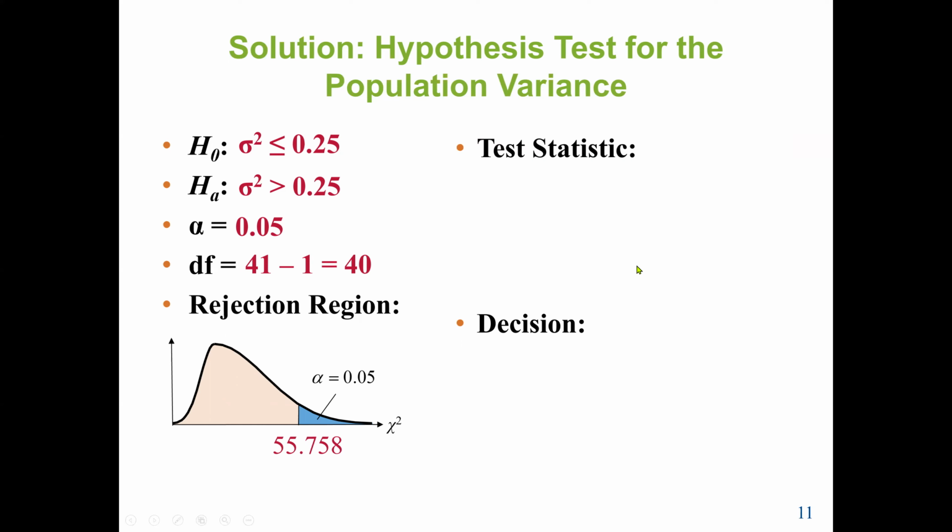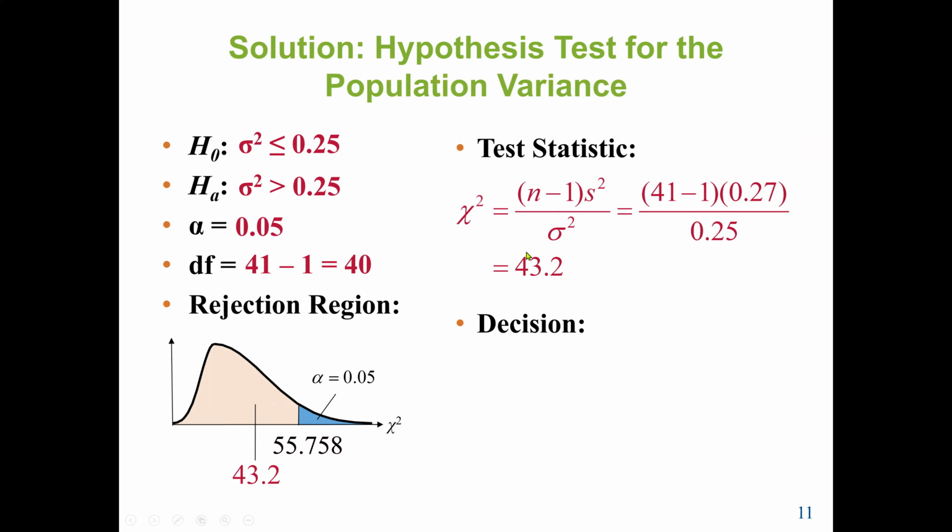Now we have to test it. We find the chi-square, n minus 1 times the sample variance divided by the population variance, which is the claimed 0.25. The sample variance is 0.27. Our answer is 43.2, so 43.2 will fall under the blue section.